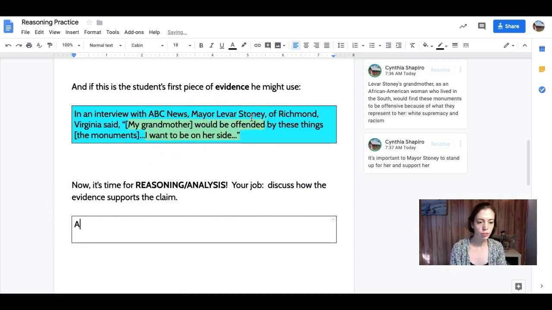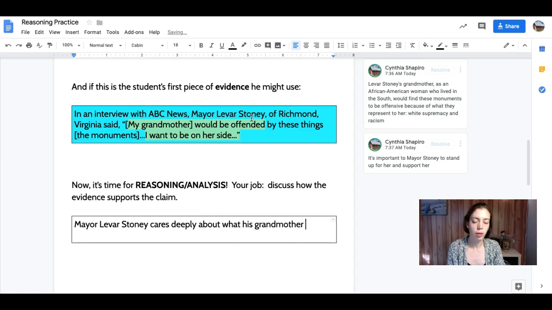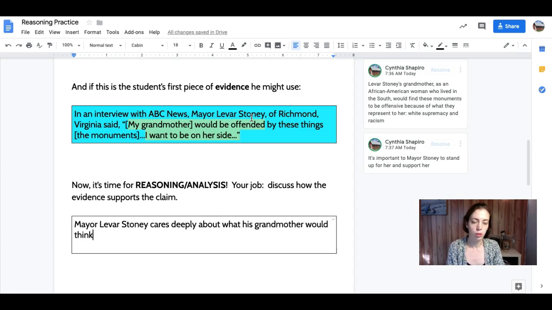So I could say something like, as the Mayor, LeVar Stoney cares deeply about what his grandmother would think about these monuments that are still standing in Richmond, because they have Monument Row, right, or Monument Avenue.